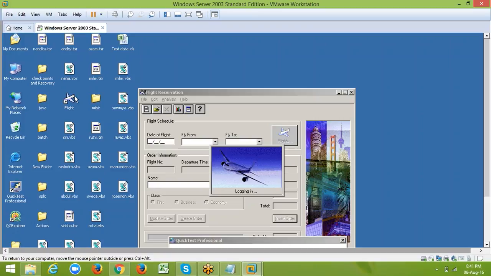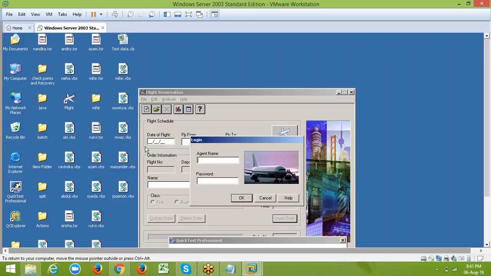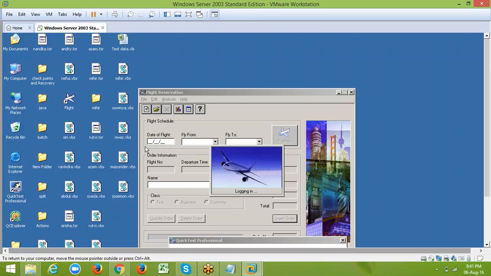Now I want to execute with Gaurav Mercury. Like that I want to execute different sets of data.